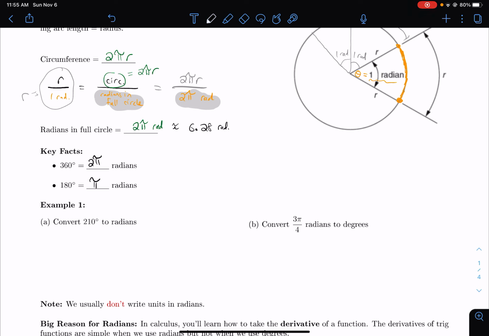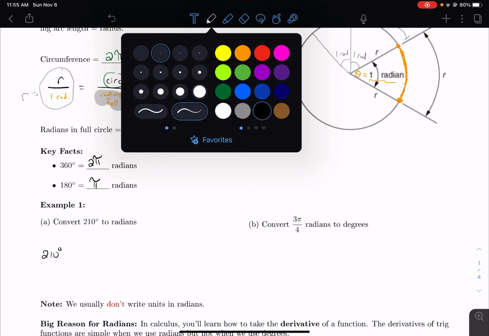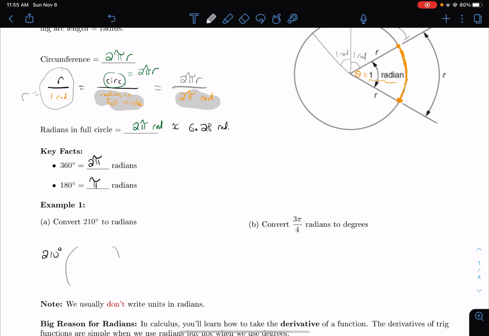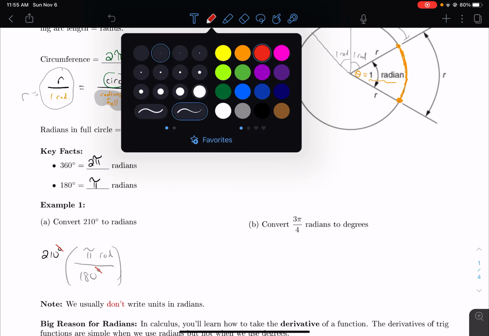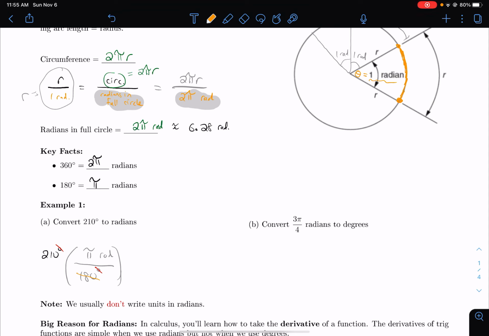Let's say I wanted to convert 210 degrees to radians. When I do a unit conversion, I multiply by a fraction where the top and the bottom are the same, but to cancel degrees, I need degrees on the bottom. So I'll use the fact that 180 degrees is the same as pi radians, because now those degrees will cancel. I can also divide the 180 and the 210 both by 30 and be left with 7 and 6.